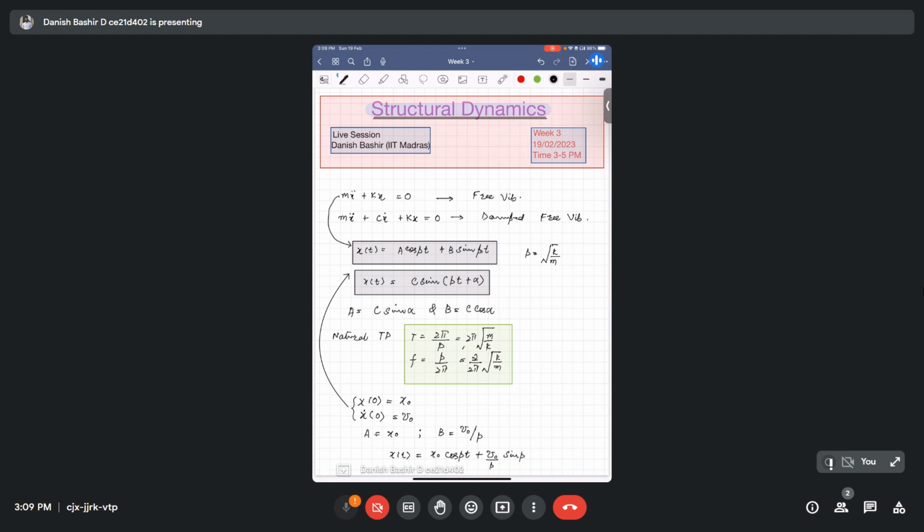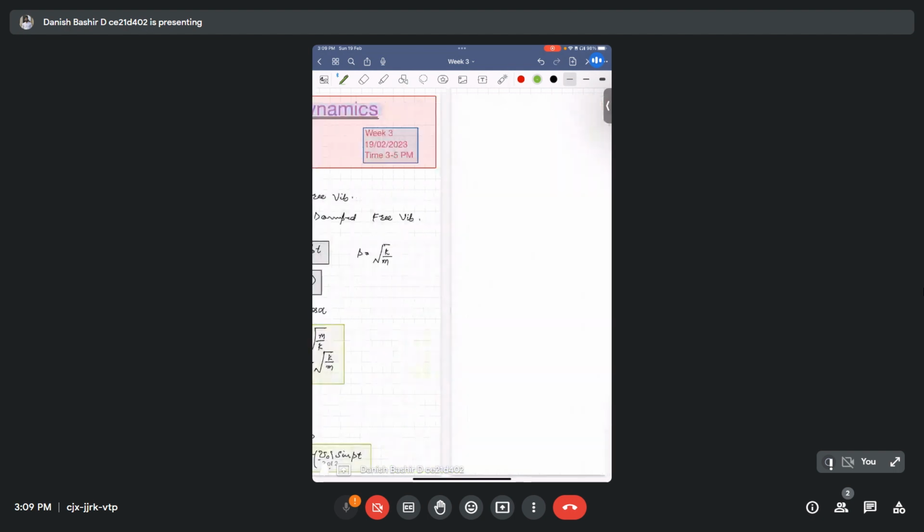So this is the solution obtained after including the initial conditions in our problem. If we try to sketch the graph for this x of t, x naught cos pt plus v naught by p sin pt, we will have a variation like this one.